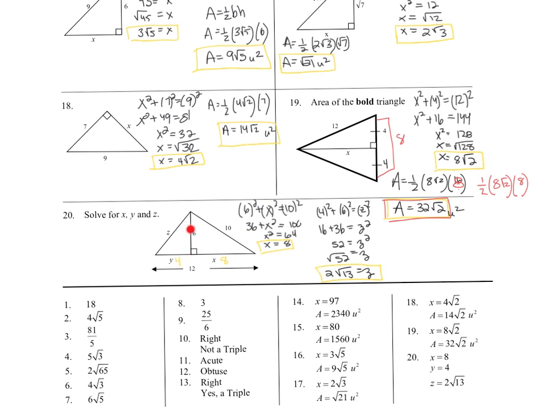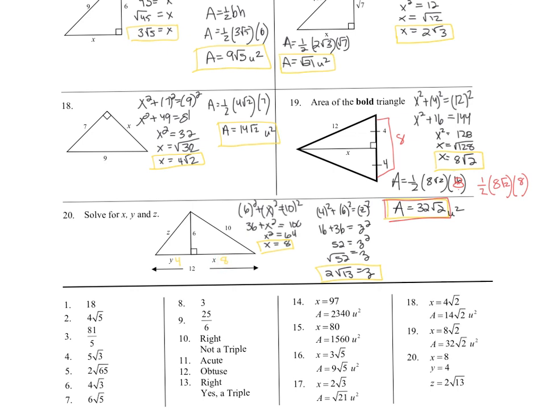So I'm given a leg and a hypotenuse. And so I'm going to say that that is 6 squared plus x squared is equal to 10 squared. And so when I square those, take 36 to the other side, I get x squared equals 64, and the square root is 8. So that's how I knew that that was 8.